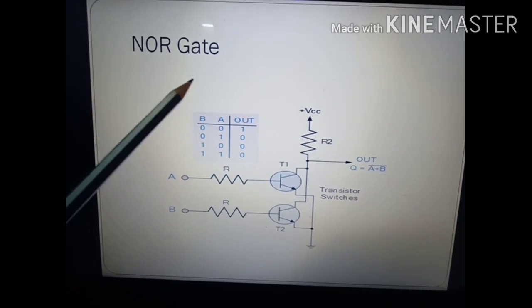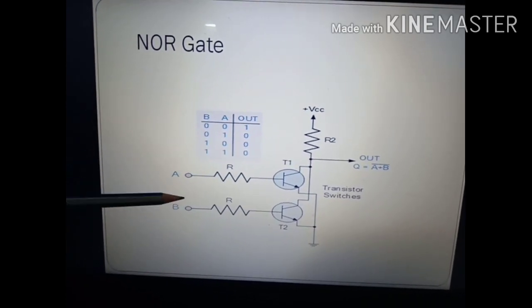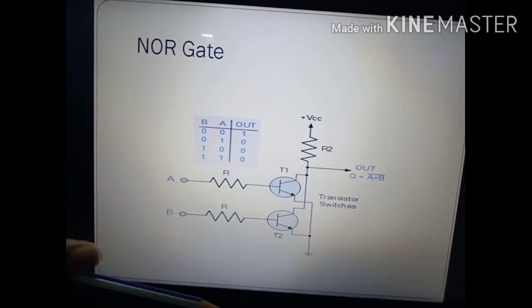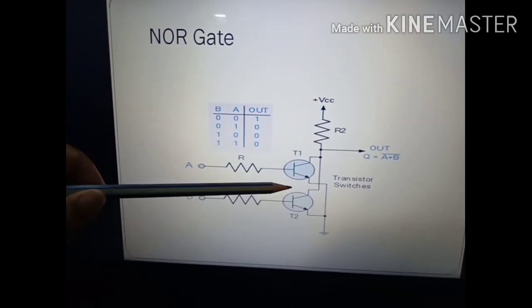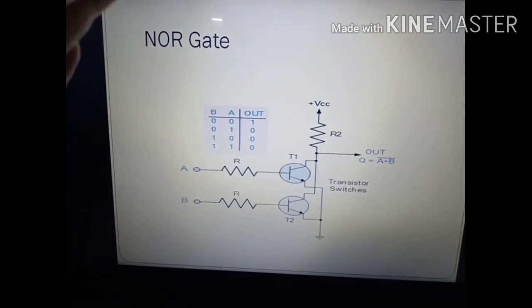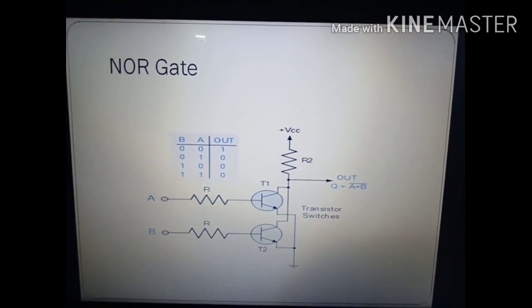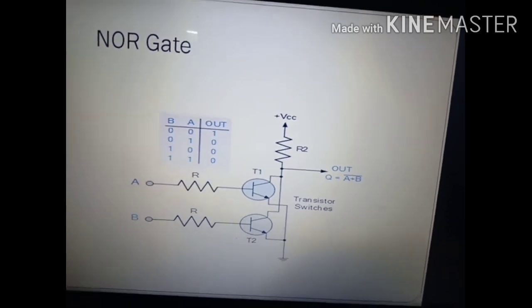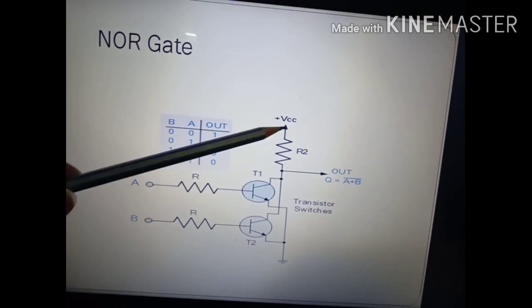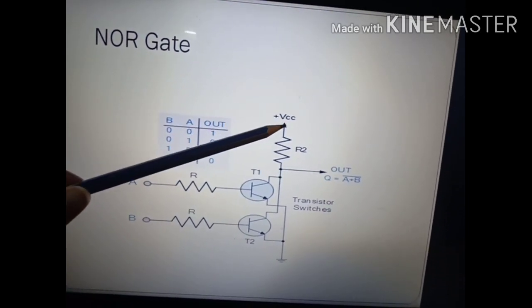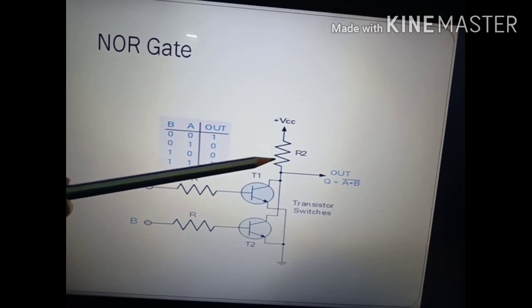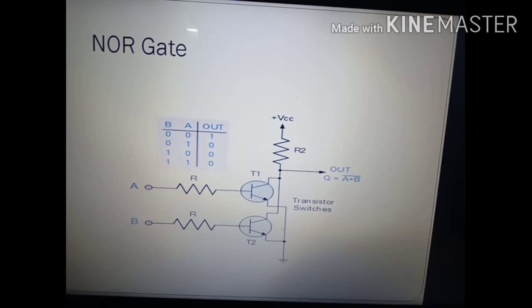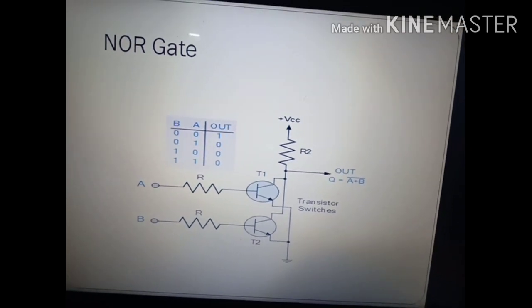So now in the first case, 0 0, when A and B both are in 0, lower state, then what will happen? T1 and T2 will remain in off state. That means current can't pass through T1 and T2. So what will happen? The voltage difference of this point and this point will remain very much negligible, as I equals to 0 according to Ohm's law.